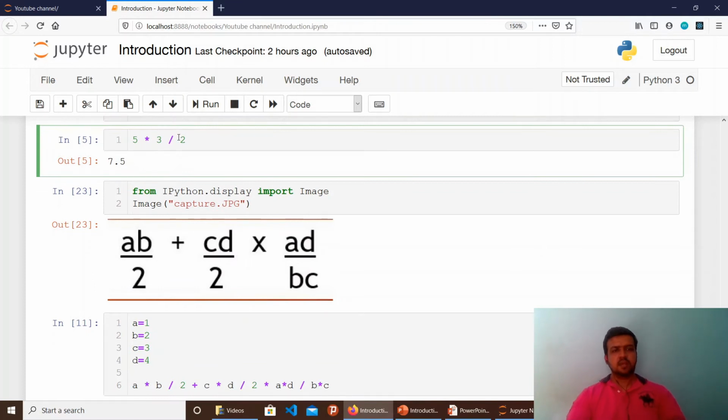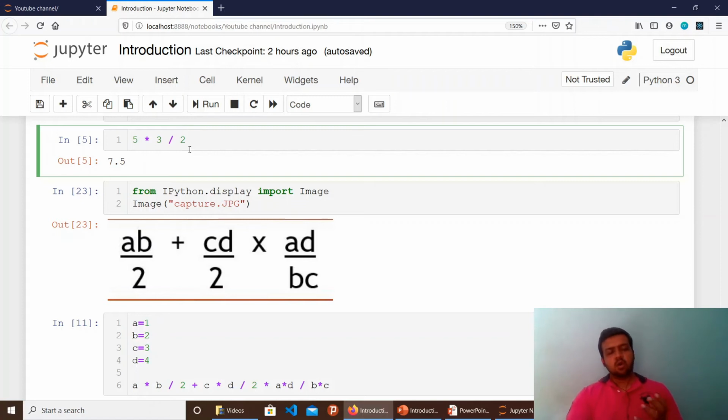Let's say this expression where 5 is multiplied by 3 and then divided by 2. Here multiplication and division are of the same precedence. So how can we evaluate this expression? Either we should apply division first or multiplication first. In this case, the left or right associativity that I was talking about comes into the picture.